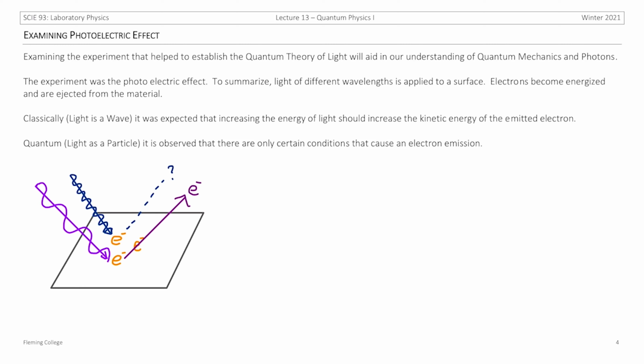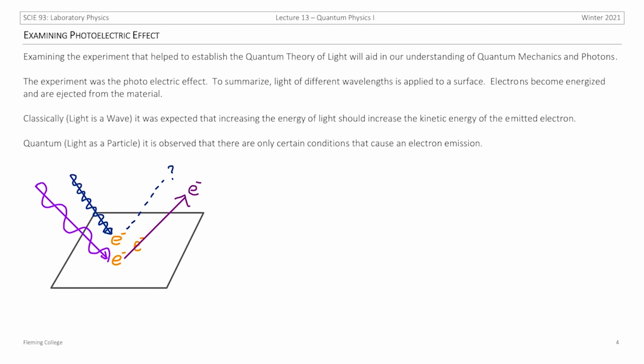The quantum theory here observes that the intensity isn't as important to whether or not an electron is ejected, so much as the actual energy level. So even dim light at the correct wavelength can still eject particles.